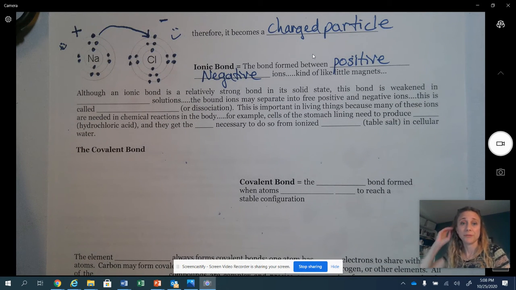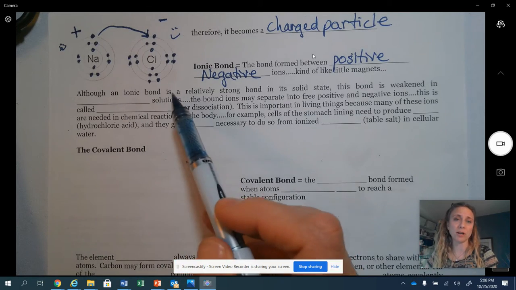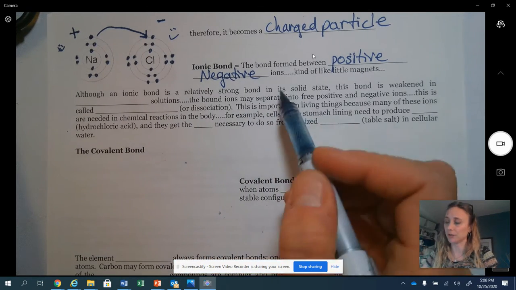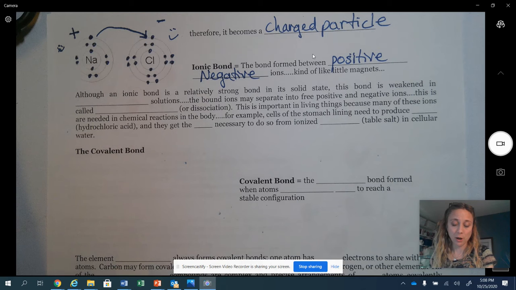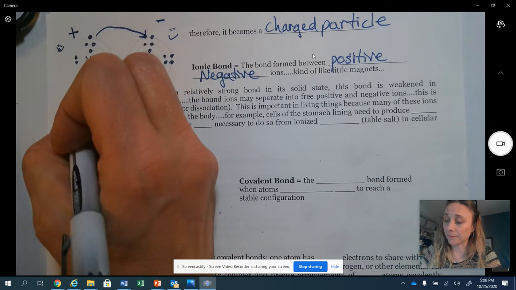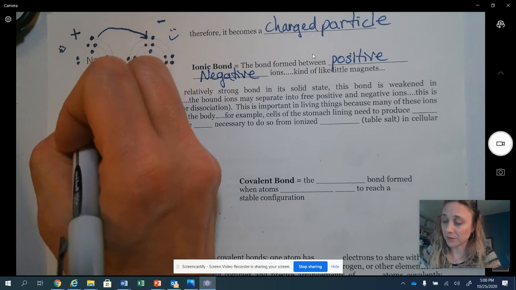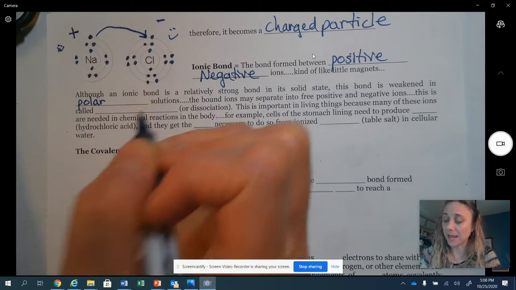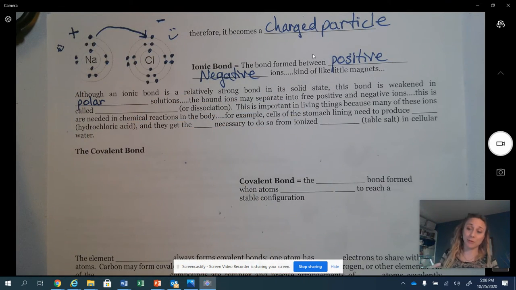All right, so there it is. Remember, an ionic bond is relatively strong in its solid state, but it gets weakened. We're going to call it polar solutions. Okay, have to distinguish that because they have to be polar solutions that are going to be able to attract the cation, the positive ion, and attract the negative ion and take them apart.